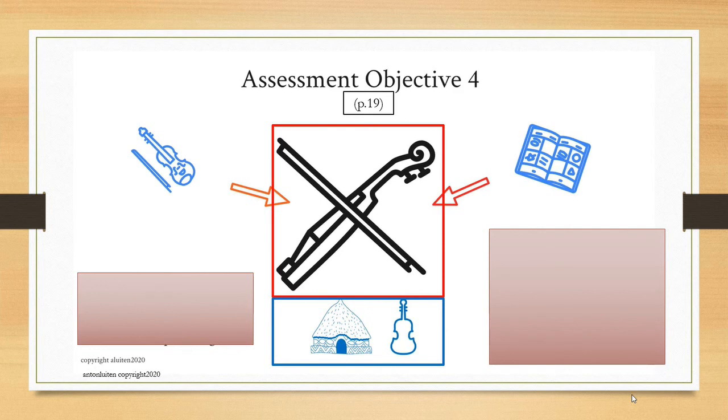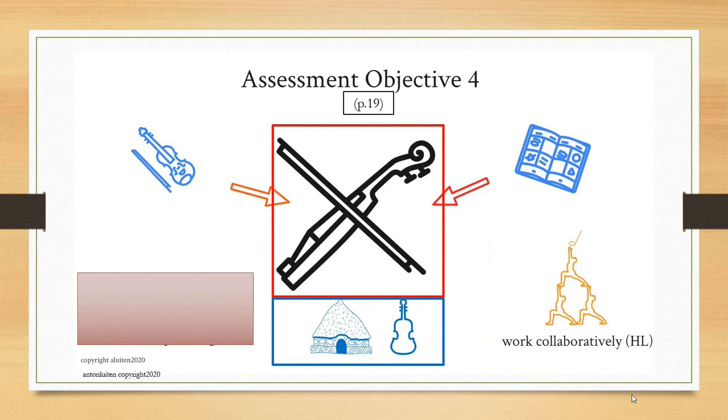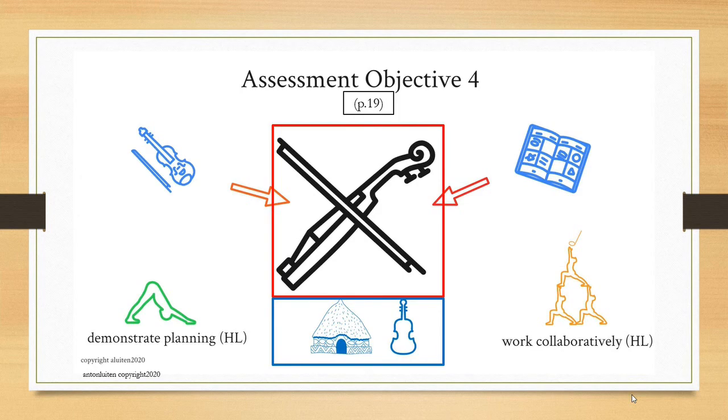And for high-level students only, to work collaboratively to achieve defined musical project outcomes, and also for higher level to demonstrate planning, responsibility, and ownership in managing and completing a musical project.